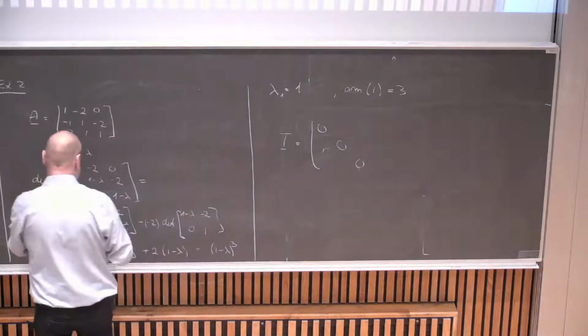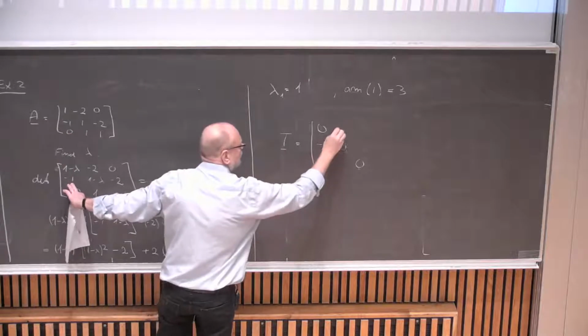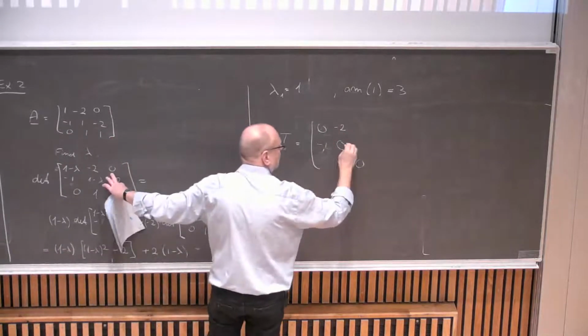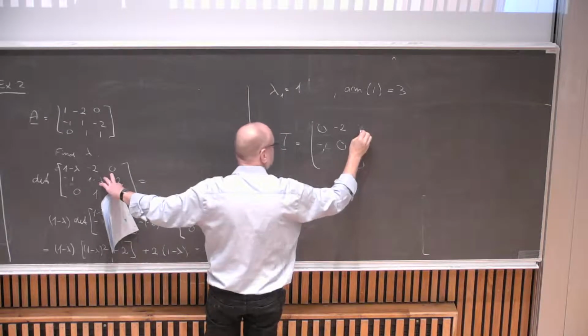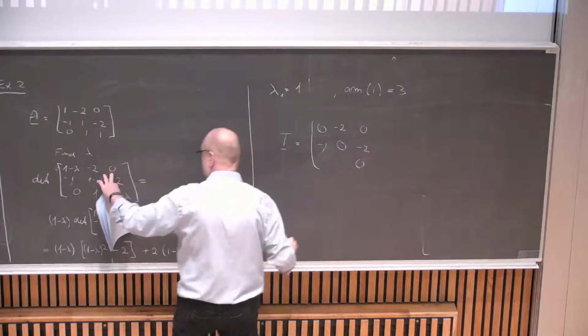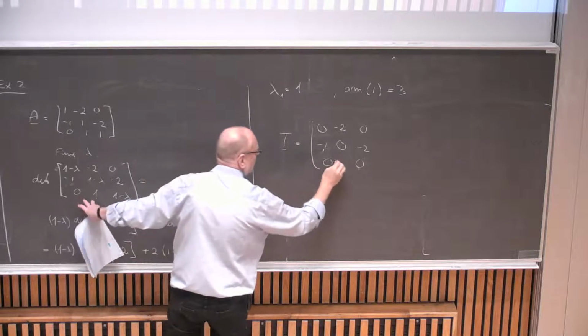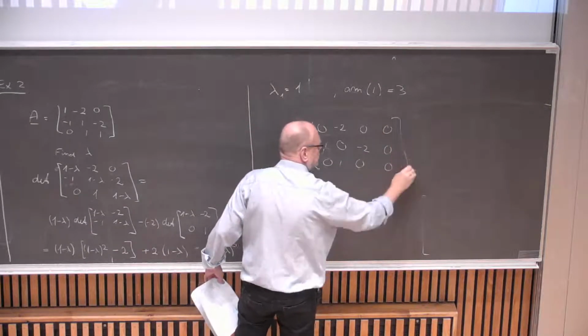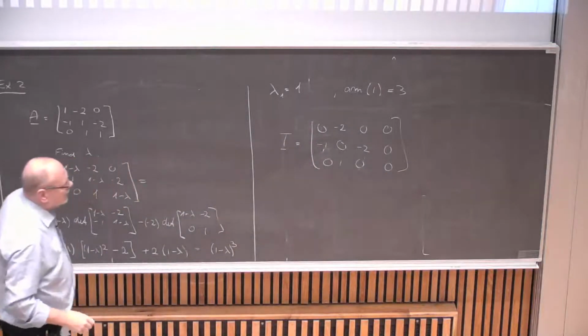And I keep the rest, minus 1, minus 2. And then I have a 0, minus 2 here. And then I have a 0 and a 1 here. And then the right-hand side, it's a homogeneous problem. So it looks like this.